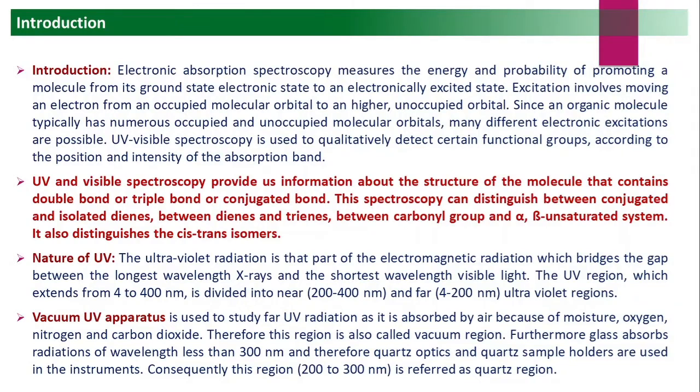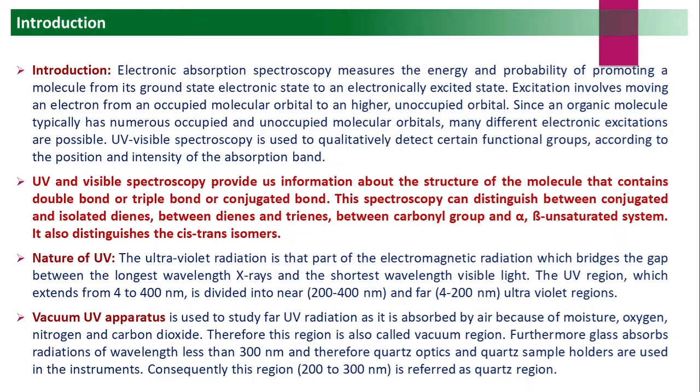Now we will see what a vacuum UV apparatus is. This apparatus is used for the study of far UV radiations, meaning 4 to 200 nanometer radiations, as they are absorbed by the air because of moisture, oxygen, nitrogen, carbon dioxide, the gases present in atmospheric air. Therefore, this region is called the vacuum region.